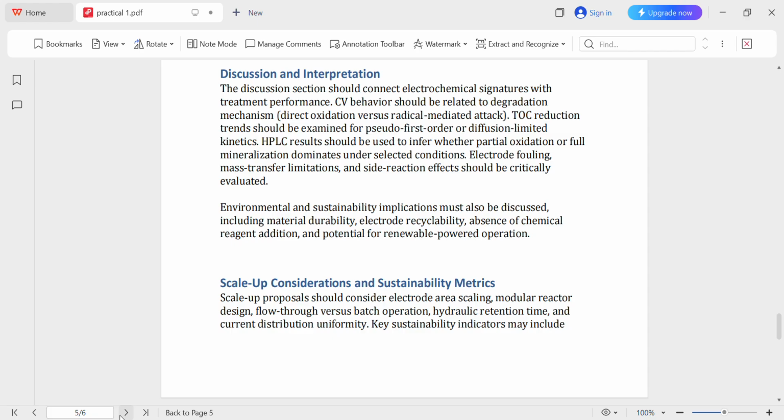Hydraulic retention time means how long water stays in the reactor, and uniform current distribution means making sure electricity spreads evenly across the electrodes.